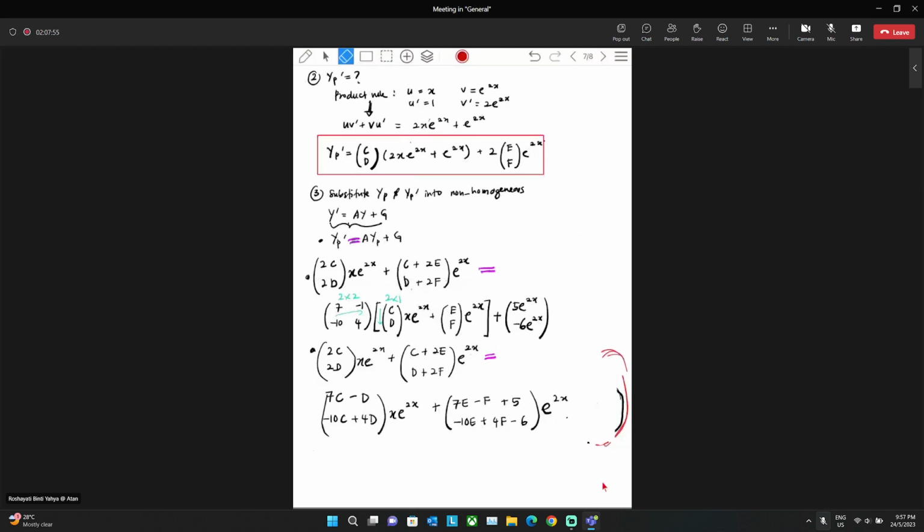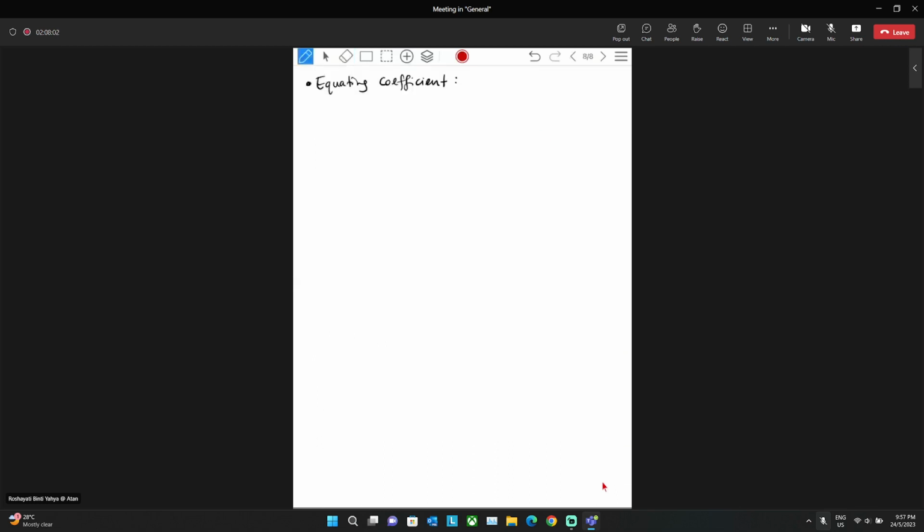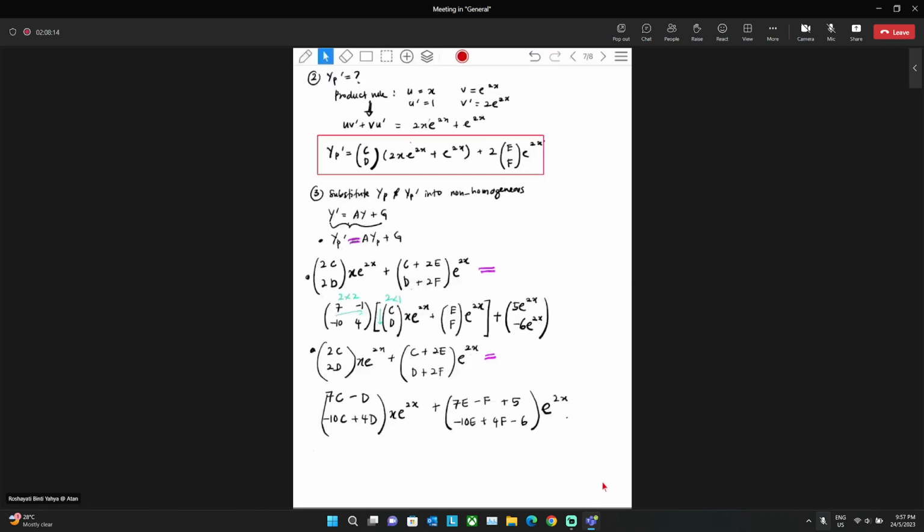So equating coefficient, the first one, x exponential to x. Okay, look at here. On your left hand side, you have 2c. To the right hand side, you have this part.